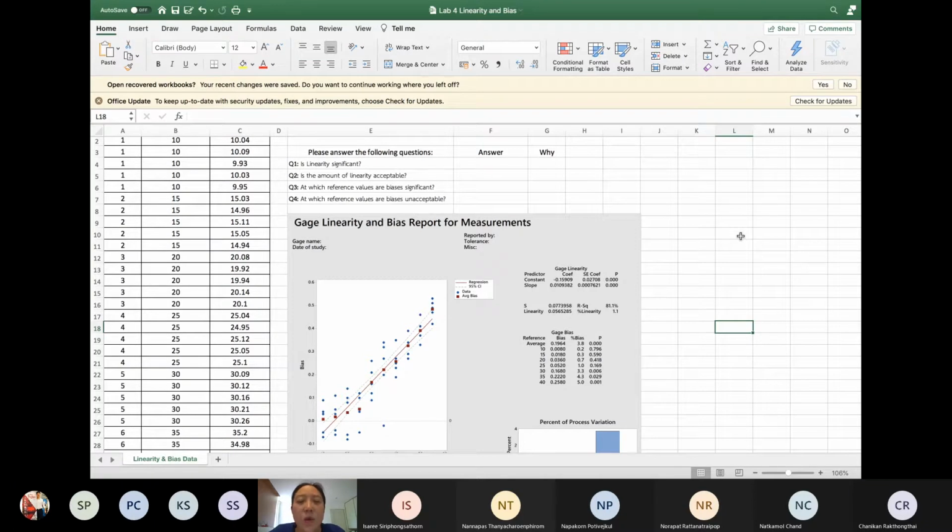Okay, so can anybody tell me which number or which indicator is used directly to decide whether linearity is significant? Can anybody tell me?